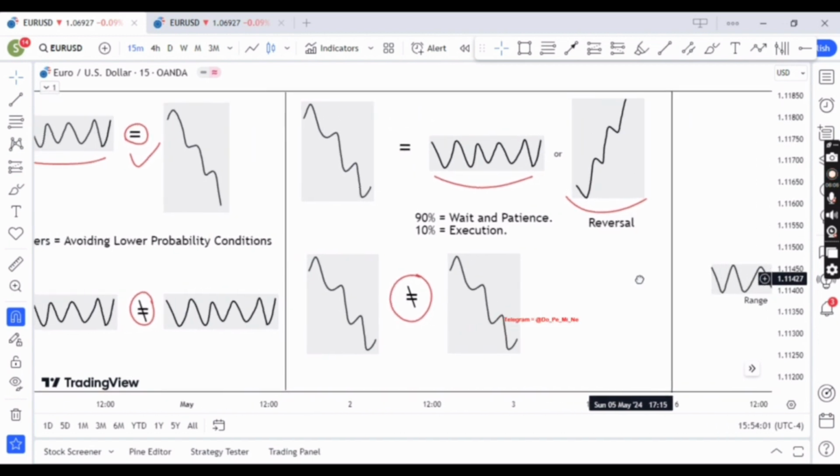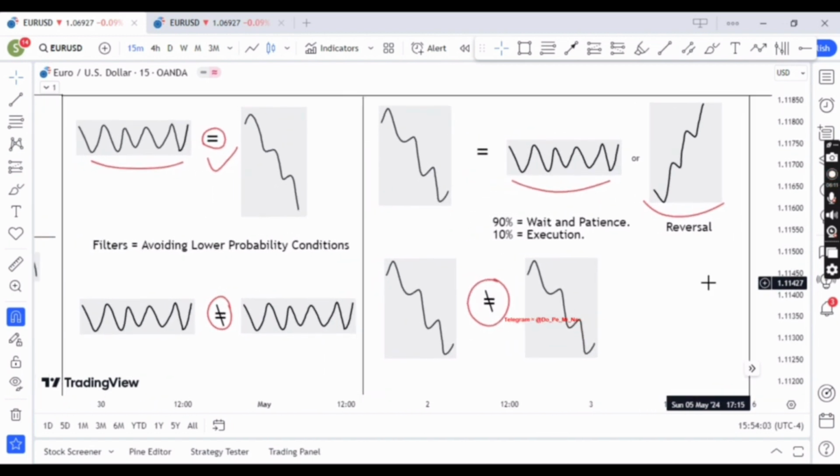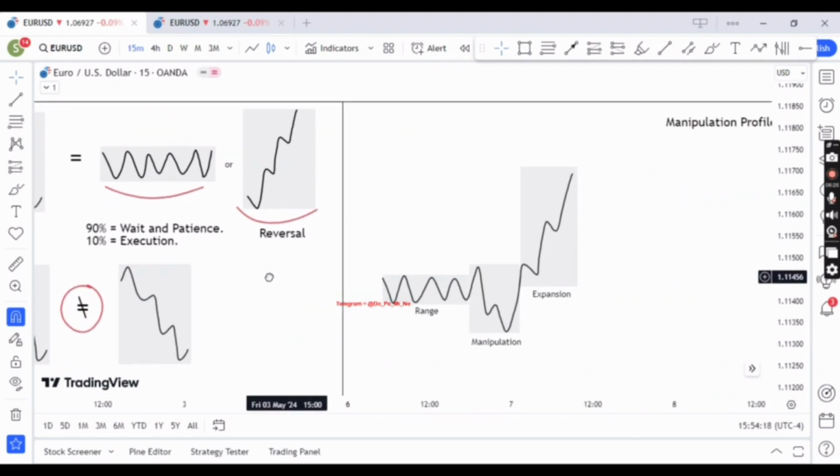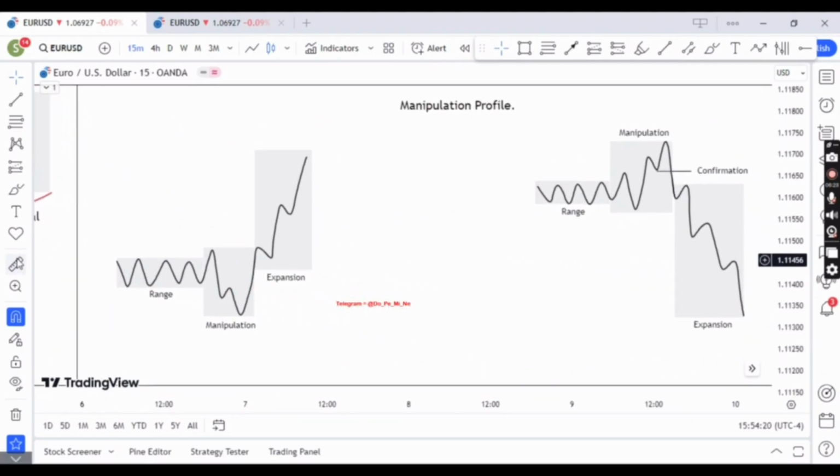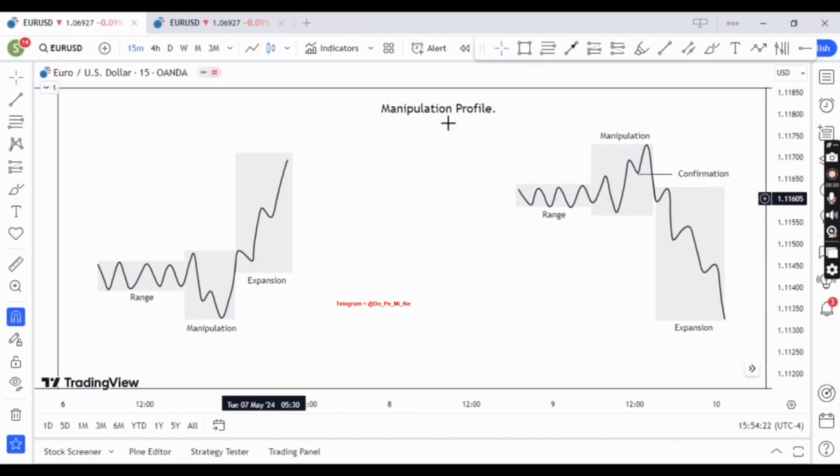That's why the first thing that I taught you in chapter 1 is about market profiles, and I made sure that you learn everything about market profiles, so that way you can avoid certain profiles and certain market conditions, right?